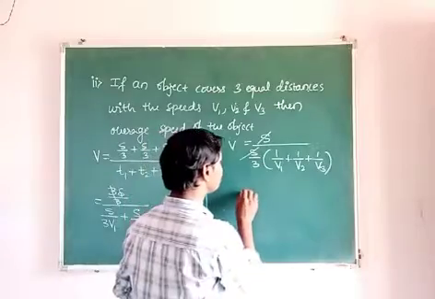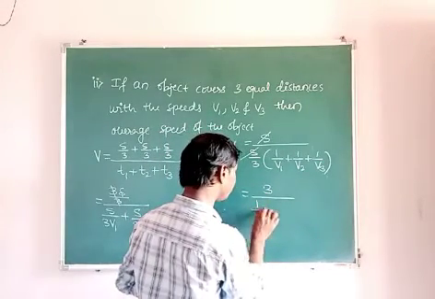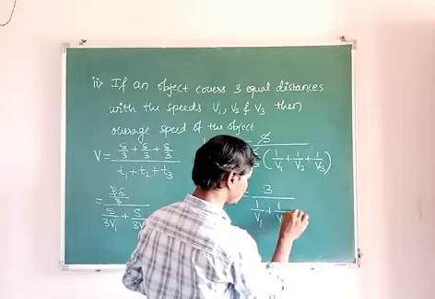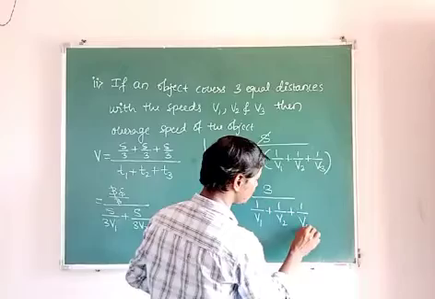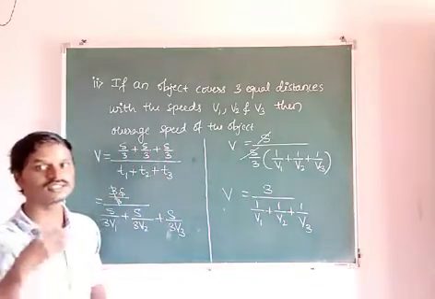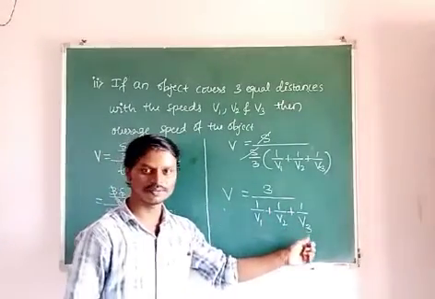So now we write it as 3 divided by 1 by V1 plus 1 by V2 plus 1 by V3. It is the formula used to find the average speed of the object if it covers 3 equal distances with the speeds V1, V2 and V3.